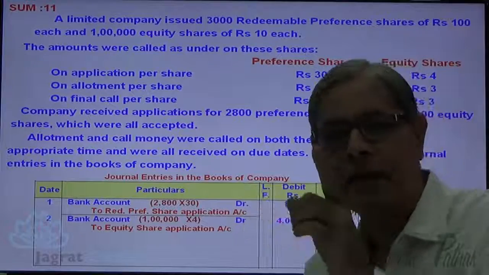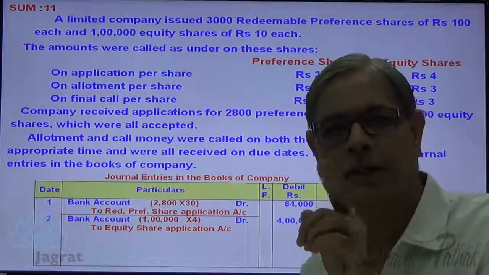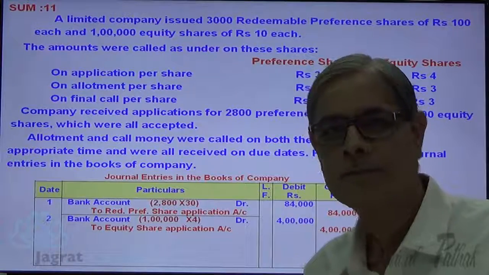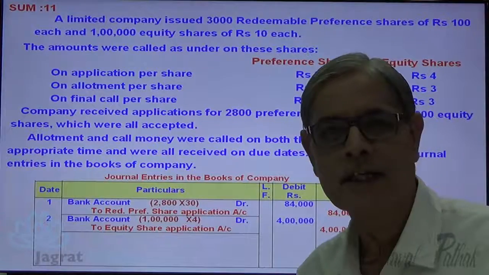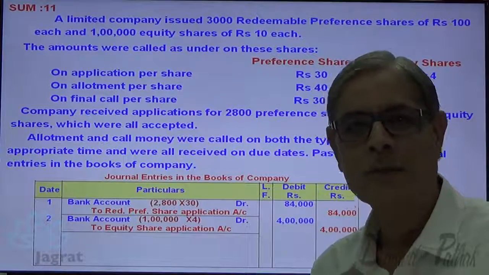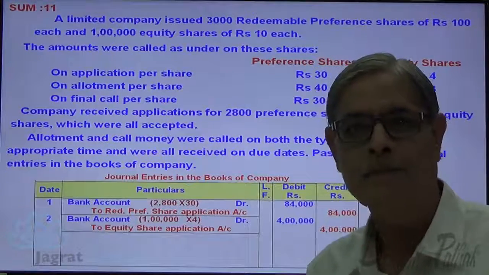So first entry, application money received on preference shares. Second entry, application money received on equity shares. Now these applicants will be allotted preference shares. The allotment results into a contract between applicant and the company.